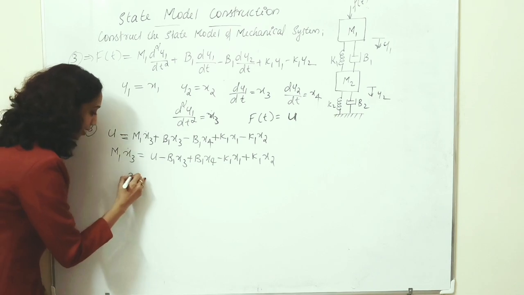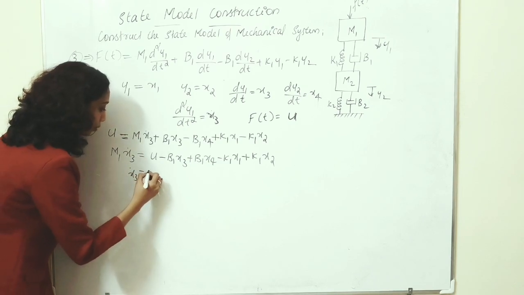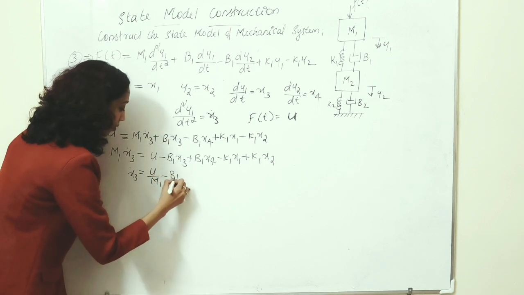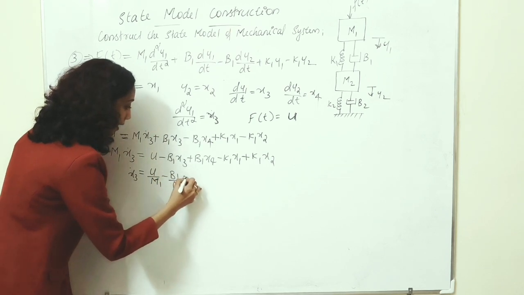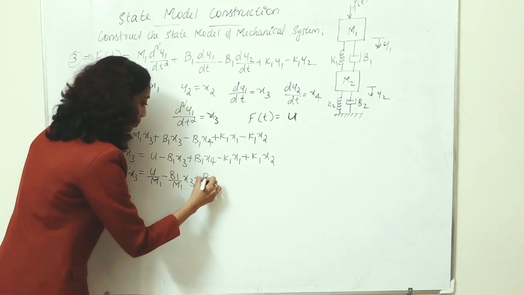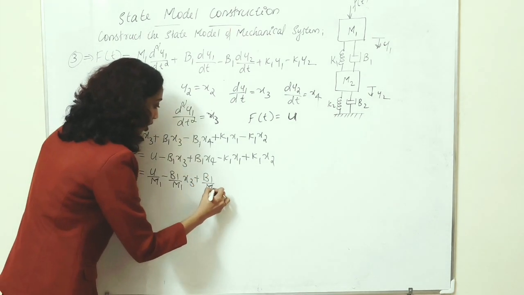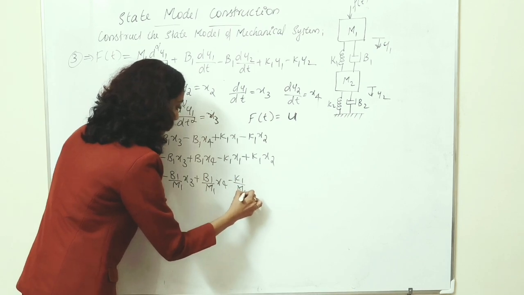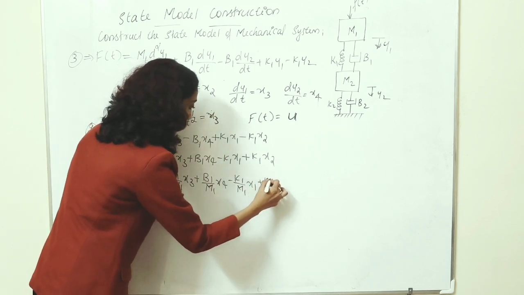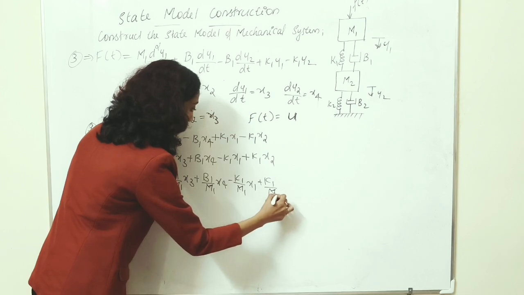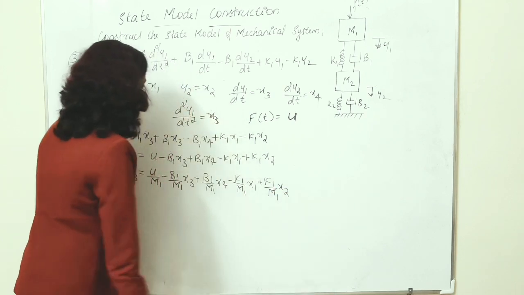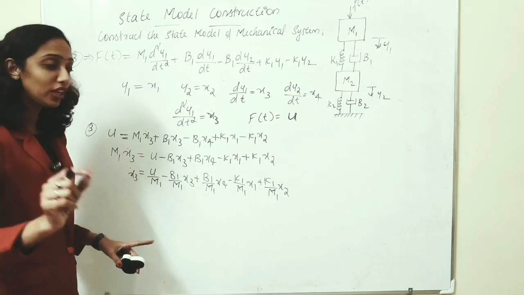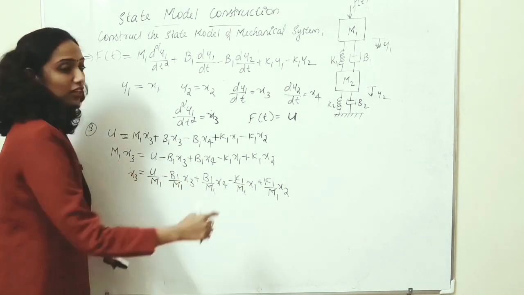So x3 dot is equal to u by m1 minus b1 by m1 x3 plus b1 by m1 x4 minus k1 by m1 x1 plus k1 by m1 x2. We get one of the state equations, x3 dot.